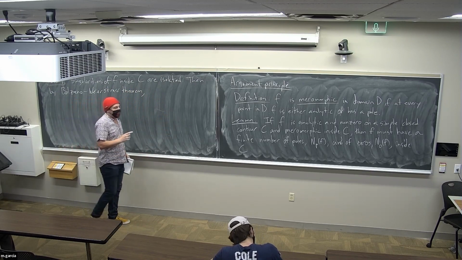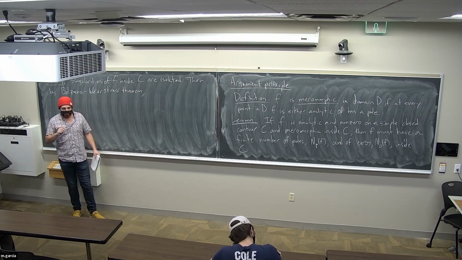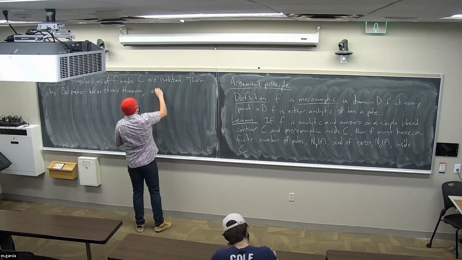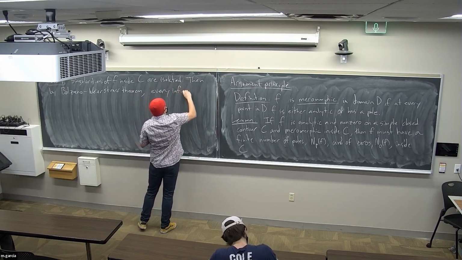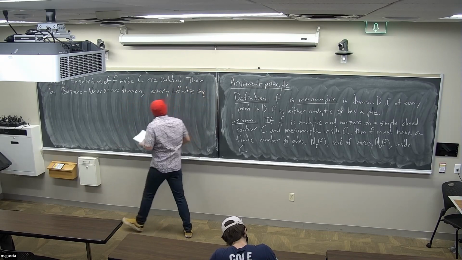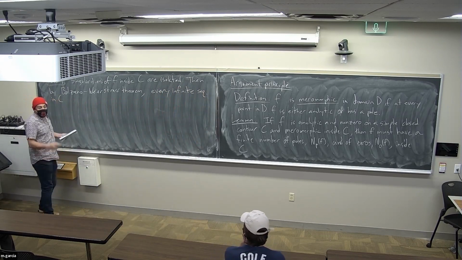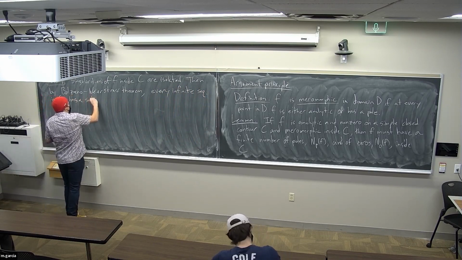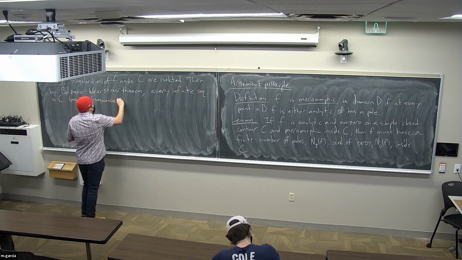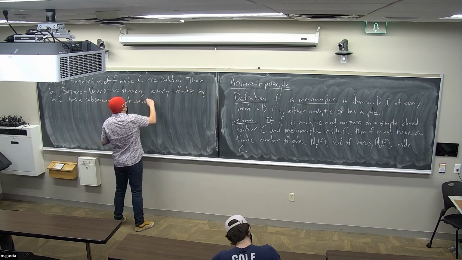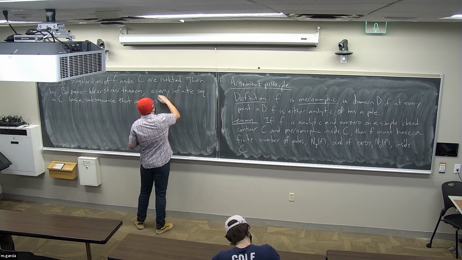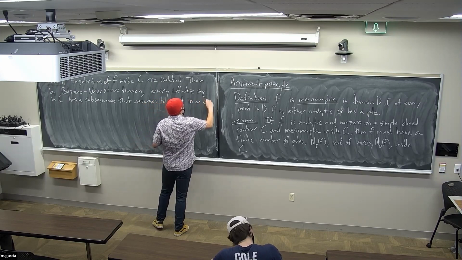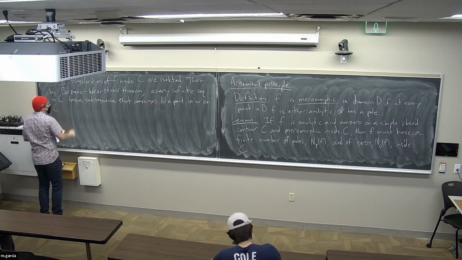Every infinite sequence in C has a convergent subsequence, that converges to a point in or on C. That is to say, either inside or on C.